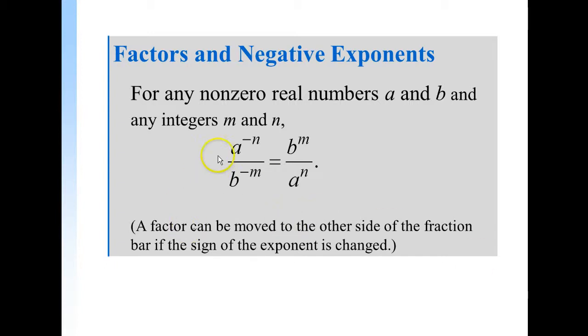Now, when we have something like this, notice all we're going to do is bring the numerator to the denominator, and the exponent crossing that division bar becomes positive. As it does with the negative m crossing the division bar, it becomes positive.